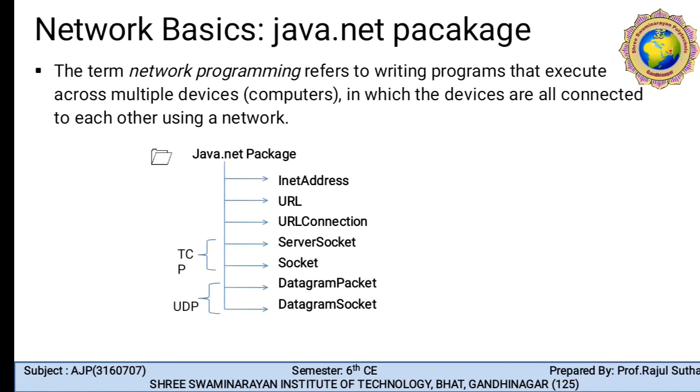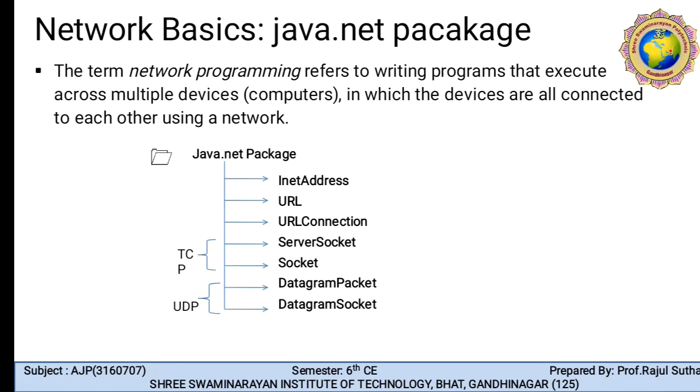So let me discuss it. Network basics. First, the Java.NET package. Why do we require the Java.NET package? The term network programming refers to writing programs that execute across multiple devices. We already discussed that we connect a number of computers in which devices are all connected to each other using the network.